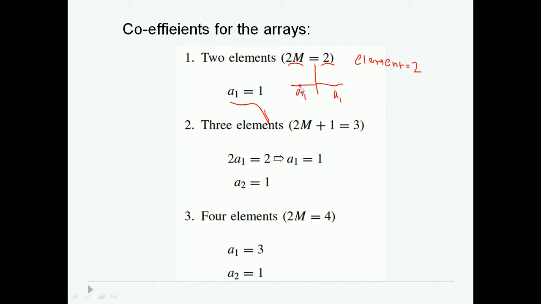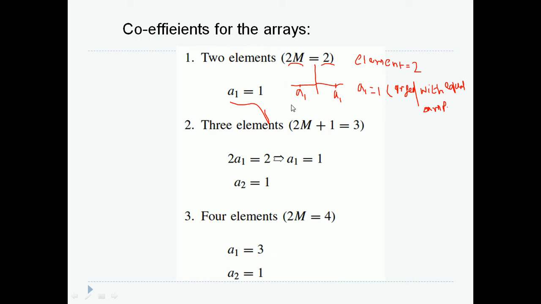I will be feeding them with an amplitude of 1, that is, I feed them with equal amplitude.